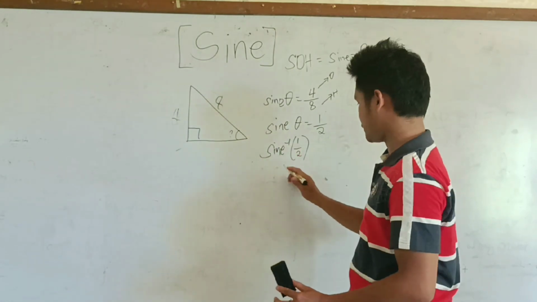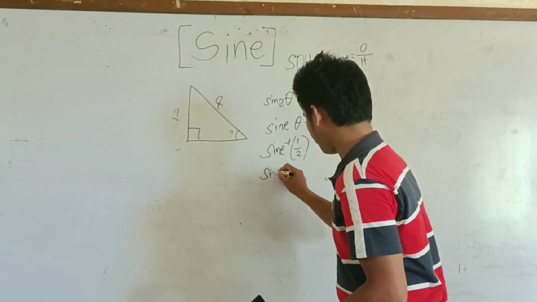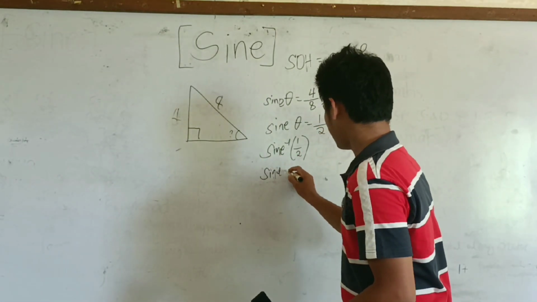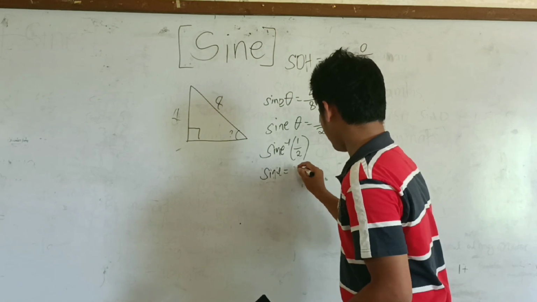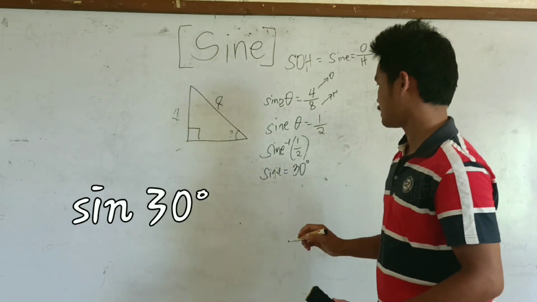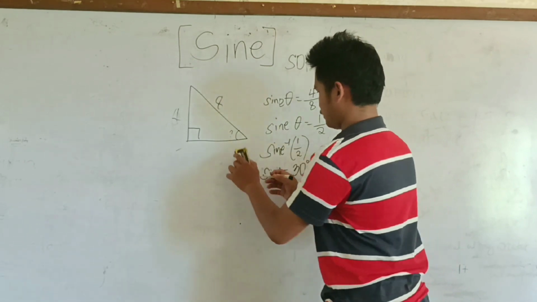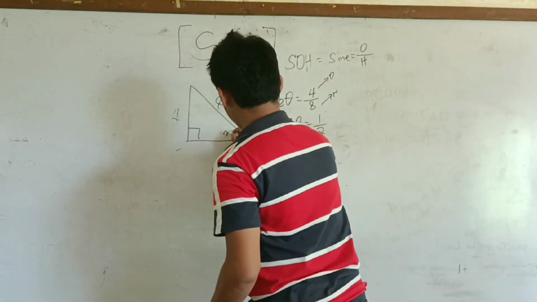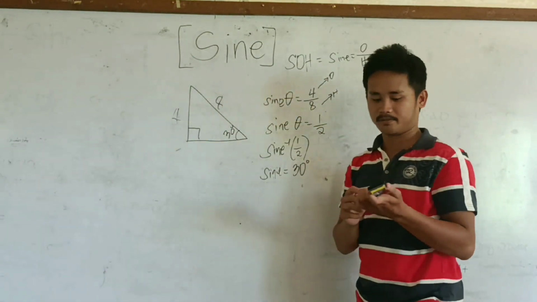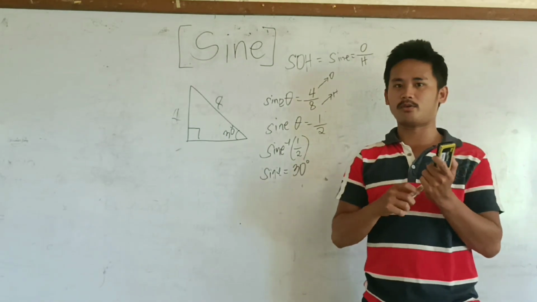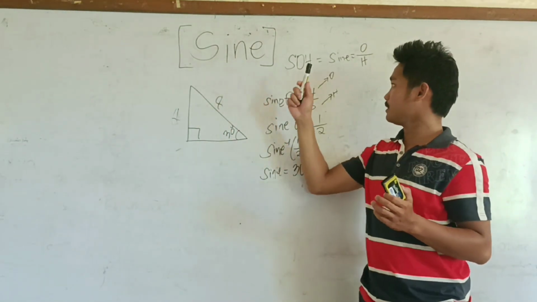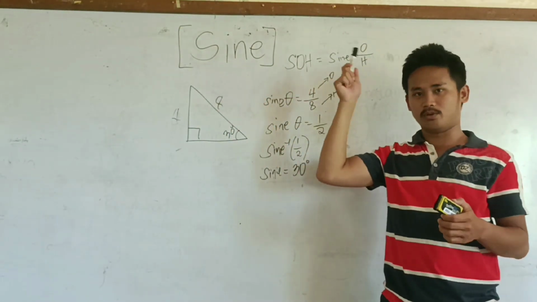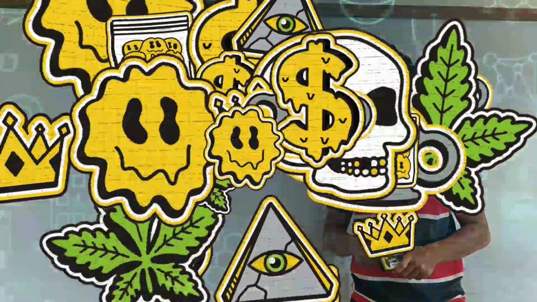If you solve this, you are going to have theta is equal to 30 degrees. So the missing value of our angle here is 30 degrees. That is how we solve for the sine, where sine is equal to opposite over hypotenuse.